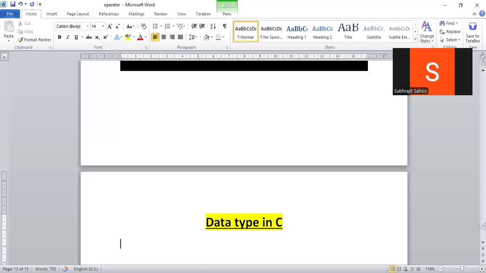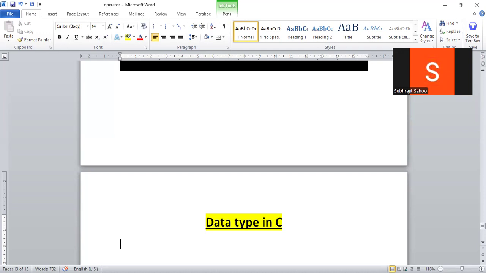In the last video I discussed the operator topic. In between, the data type concept is actually required from the beginning of the class, but in the special operator, one operator type, there the data type concept is also required. So for that, here I am discussing the data type in C.